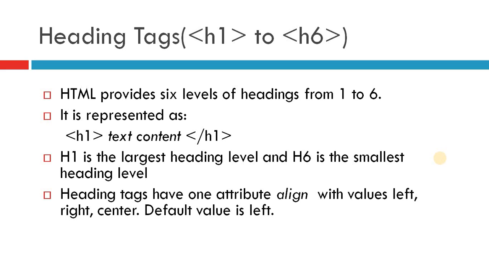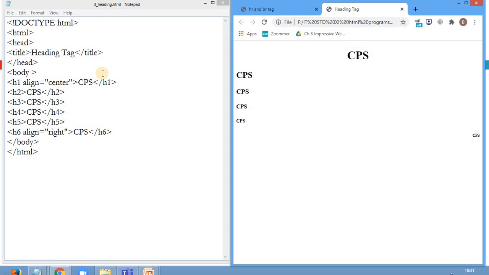Let us have a look at the program for heading tags. So here on the left hand side we have the notepad file in which we have the code for heading tags. On the right hand side we have our Chrome browser where we have the execution of heading tags. First statement, doctype HTML, HTML, head, title. Title is a heading tag.